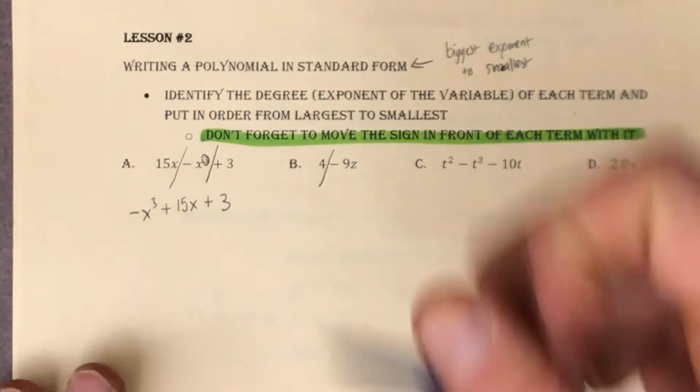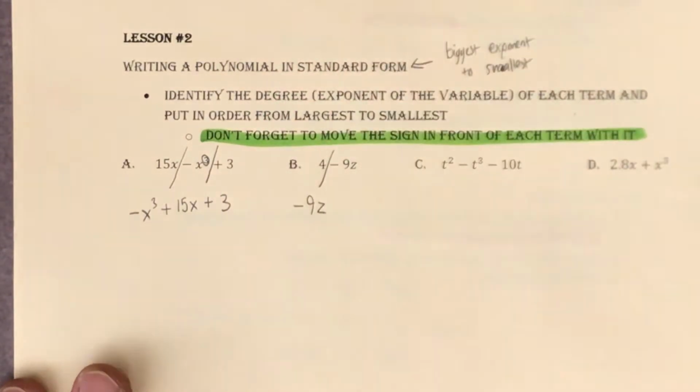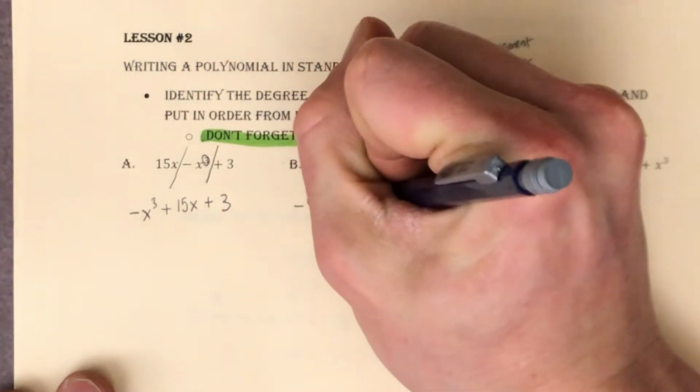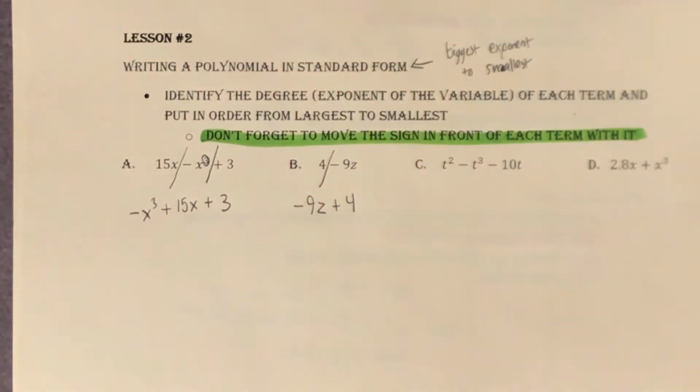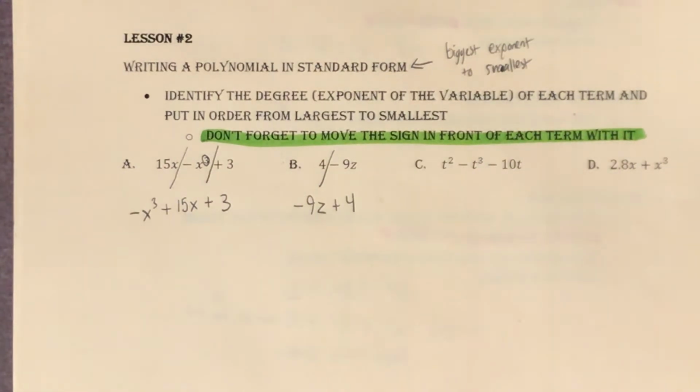So that means that negative 9z has to be my first term. So negative 9z is first, and then my 4, it is a positive 4, so that is plus 4. So negative 9z plus 4 would be the polynomial written in standard form. Now this polynomial has exactly two terms, so that would make it a binomial. So just something to remember.